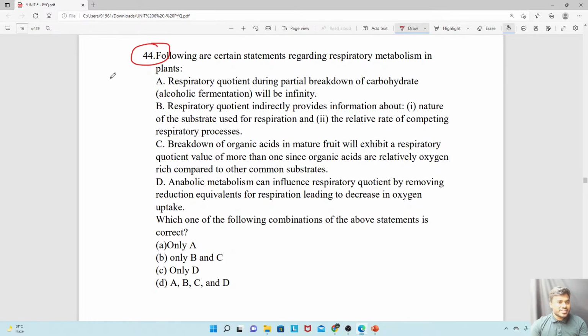Okay. You know, friends, this respiratory quotient you read in the 11th standard.